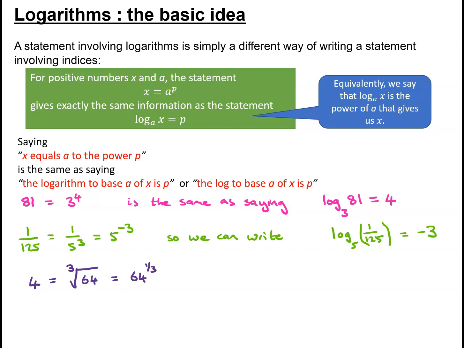The fact that 4 is the cube root of 64, which is 64 to the power 1/3, means that we can write log to base 64 of 4 is 1/3.